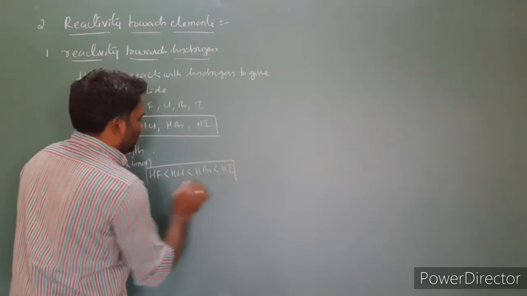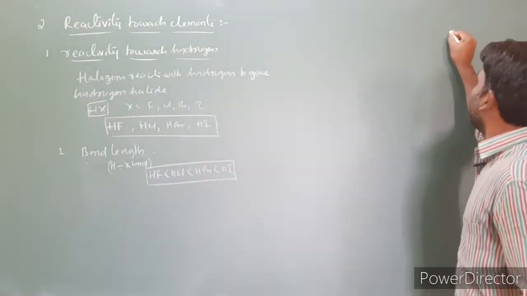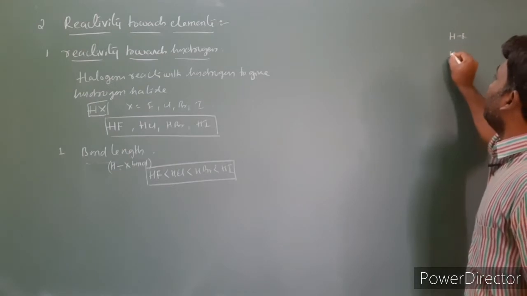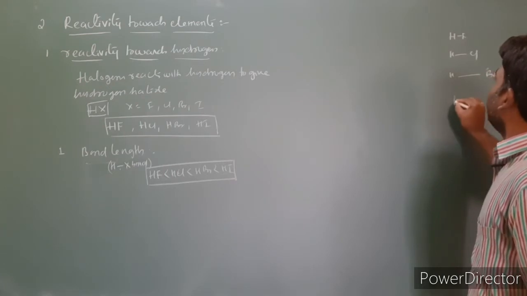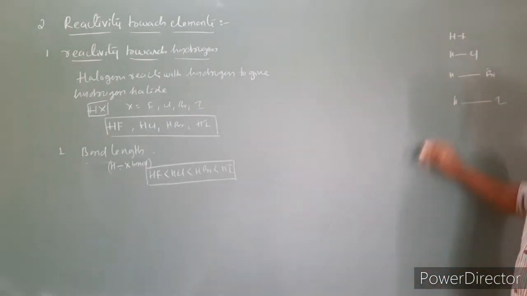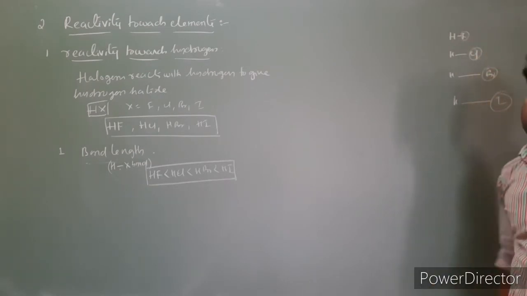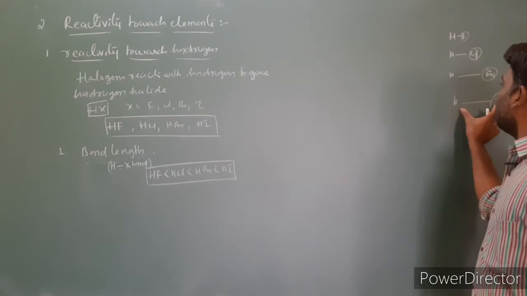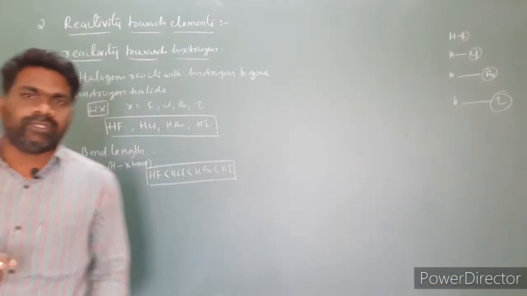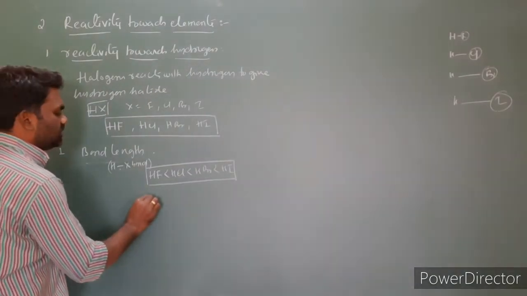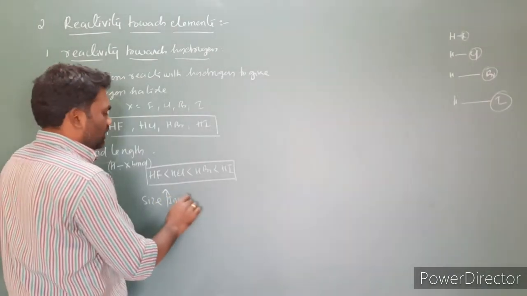So this is the order we can expect. What is the reason behind it? Because the size increases. Look at HF, then HCl, then HBr, then HI. While moving from top to bottom, the size of the halogen atom increases, and the bond length increases. The increase in HX bond length is because of the increasing size of the halogen atom. So the simplest reason is size increases and bond length increases.